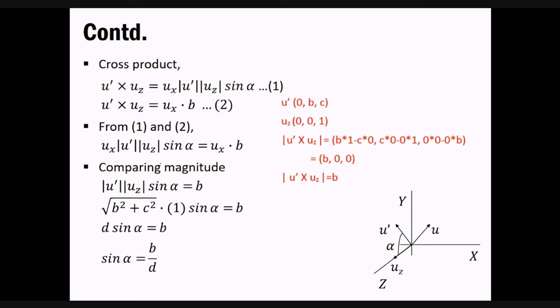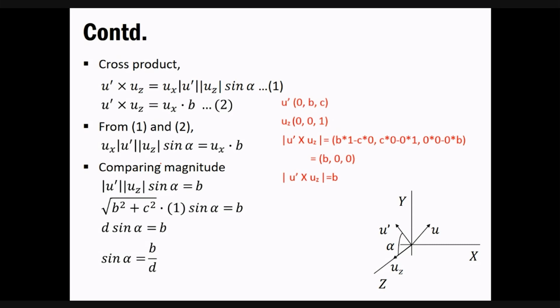So now comparing both of these, we need to make sine alpha the subject, so what will it give us? We will simplify this with the things that we already have. First of all, we substitute this u dash value, that is nothing but under root of b square plus c square, into uz.